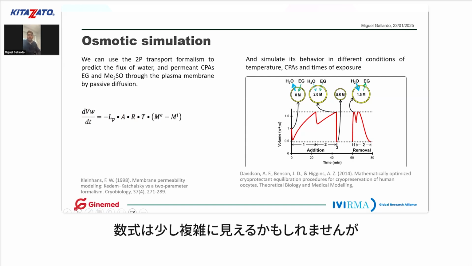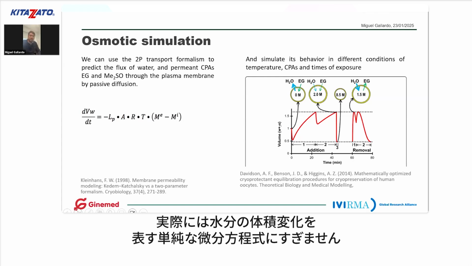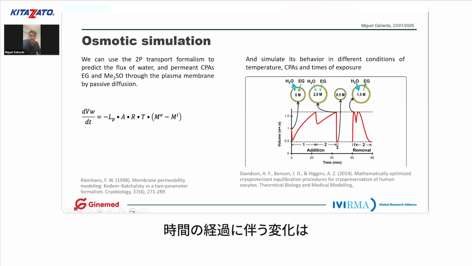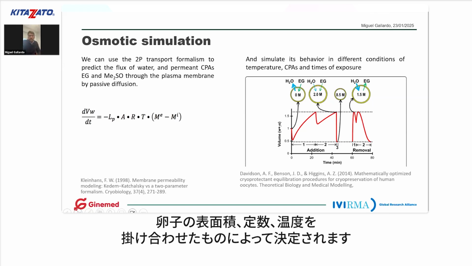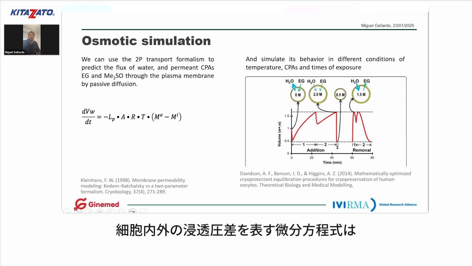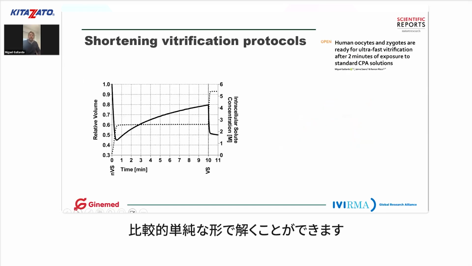And by passive diffusion, for example, the equation that is there might look a little bit frightening, but it's just a differential of the volume of water over time, and is determined by the negative of the hydraulic conductivity of the membrane, by the area of the oocyte, the gas constant, and the temperature, and the differential in osmolarity, intracellular and extracellular osmolarity. It's a simple equation that we can solve.